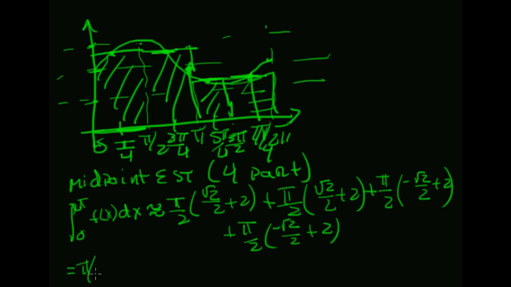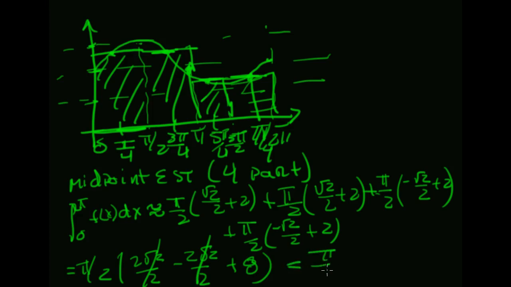We pull the pi over 2 out, and I'm going to get 2 root 2's over 2 minus 2 root 2's over 2 plus 2, 4, 6, 8. And lo and behold, those cancel out, leaving pi over 2 times 8, which is again 4 pi.